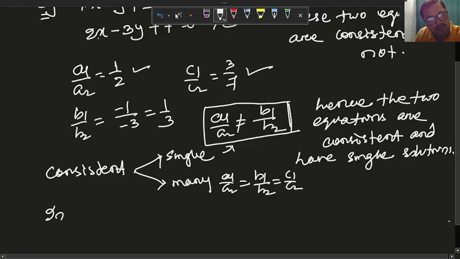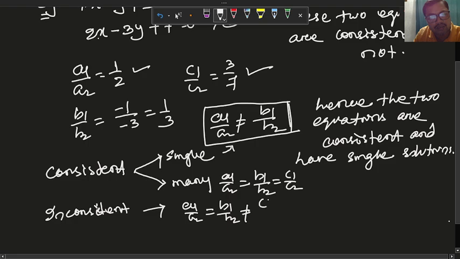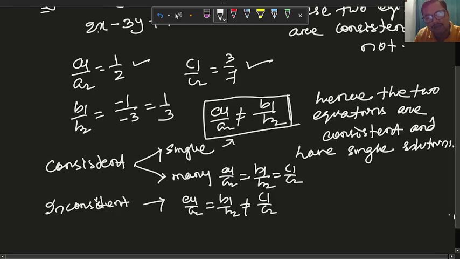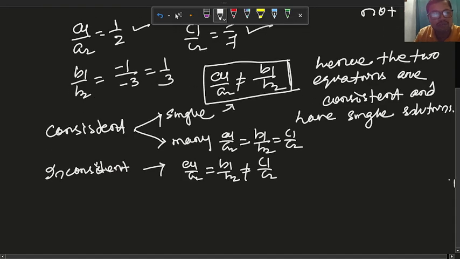If the two equations are inconsistent, then the condition is a1 by a2 equal to b1 by b2 does not equal c1 by c2. Clear? So whenever we are testing for inconsistency, we check that a1 by a2 equal to b1 by b2, but the last part, c1 by c2, must not be equal to the other two ratios.